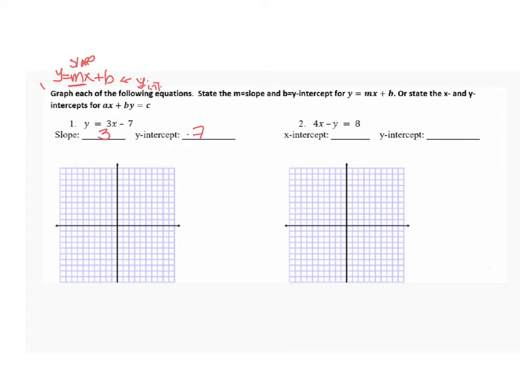Why is that important? Because when I am graphing a y equals mx plus b equation, I start with the y-intercept, in this case, -7. That's my first dot. And my slope is 3. So 3 is the same as 3 over 1, which means you go up 3 and over 1.